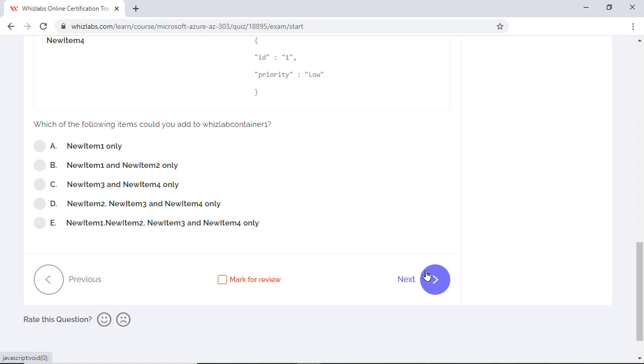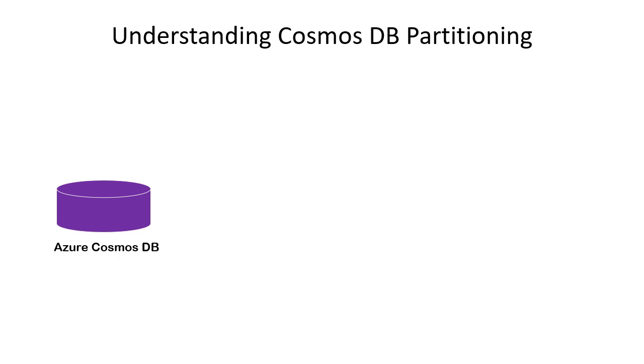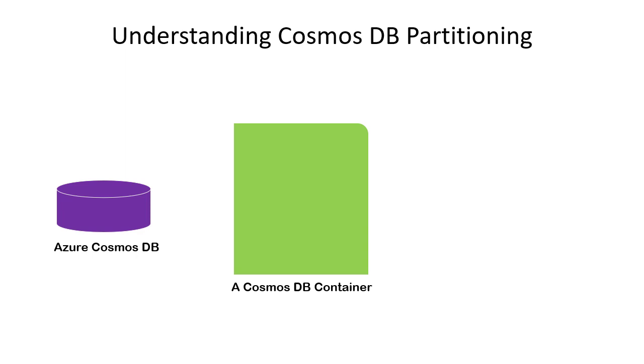Before answering this question, let's try to understand the concepts of partitioning in Cosmos DB. To meet the performance needs of your application, Cosmos DB uses partitioning to scale individual containers in a database.